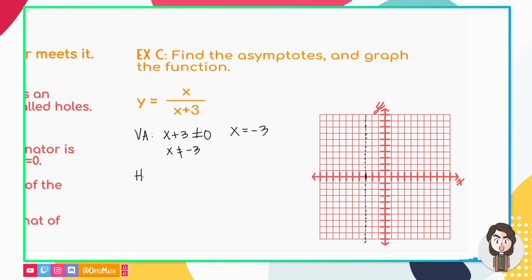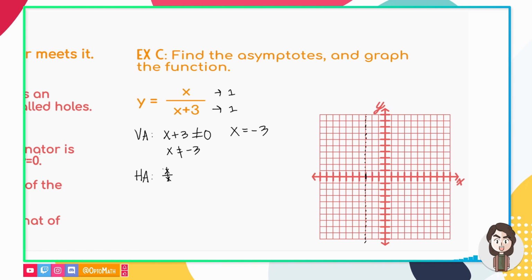And let's find any horizontal asymptotes that exist. Let's look at the degrees of our numerator and denominator. X is our only term in the numerator, and its exponent is 1. X is the term with the highest exponent in our denominator, and its exponent is 1. So the degrees match, and we just find the ratio of the leading coefficients.